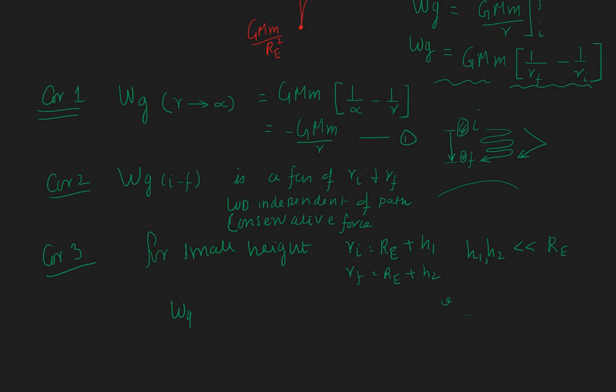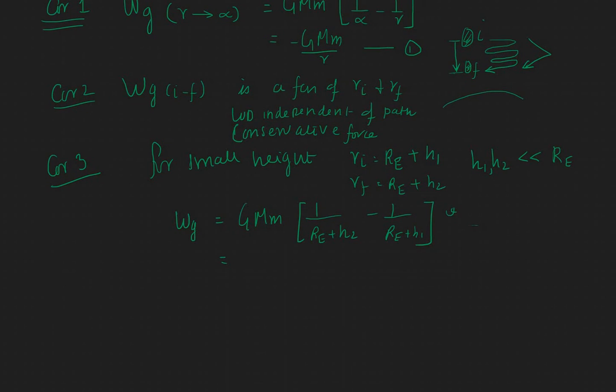Your work done by gravity is going to be G Mm into 1 by Re plus H2 minus 1 by Re plus H1, and that's going to be equal to G Mm into H1 minus H2 over Re plus H1 into Re plus H2.